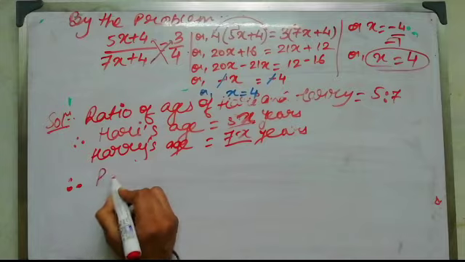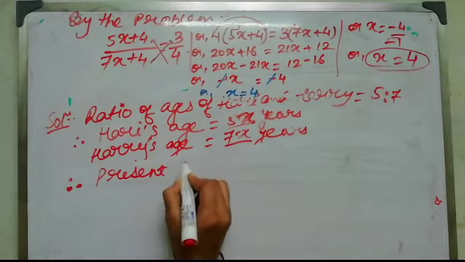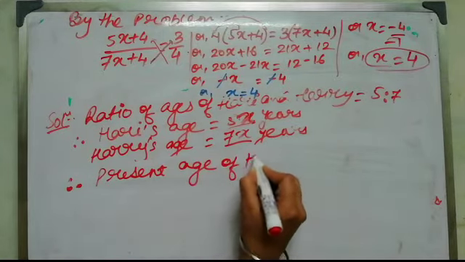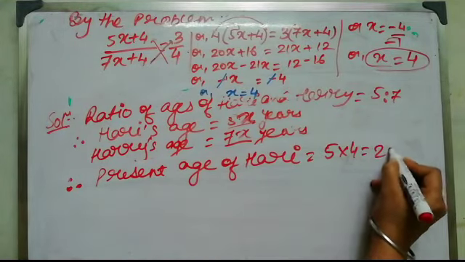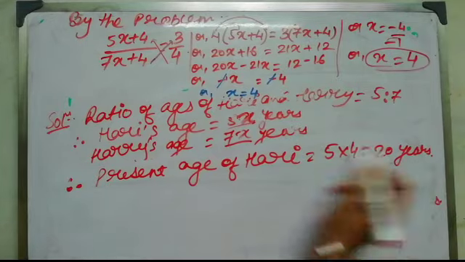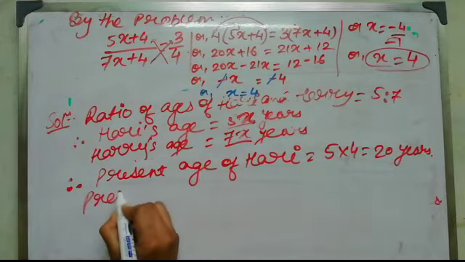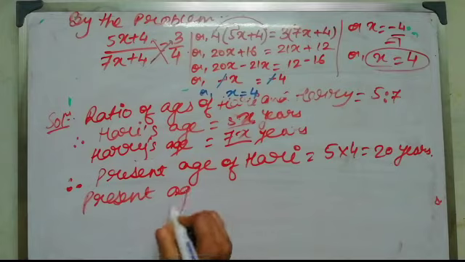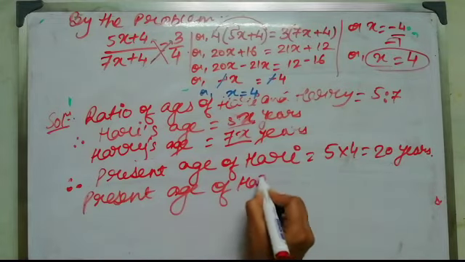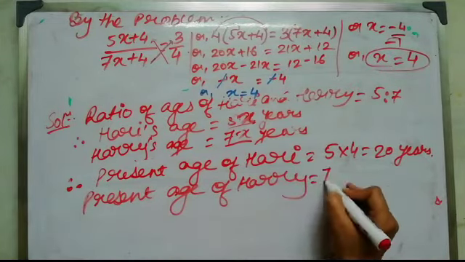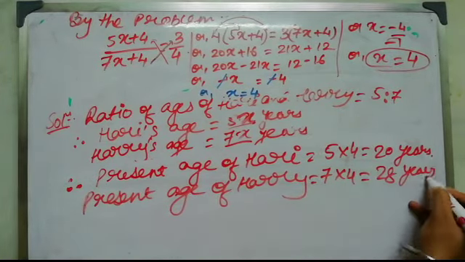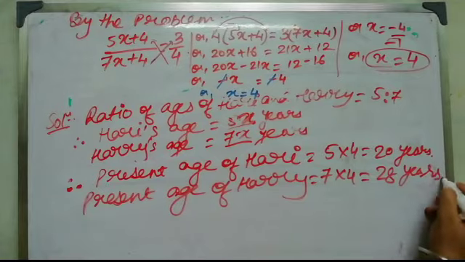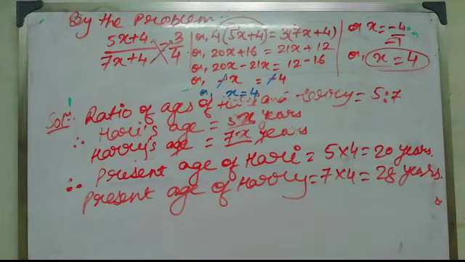Therefore, present age of Hari is equal to 5 multiplied with 4, 20 years. Present age of Harry is 7 multiplied with 4, which is 28 years. Hope this is very much clear to you all, right?